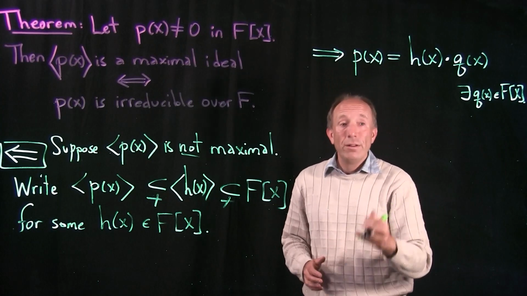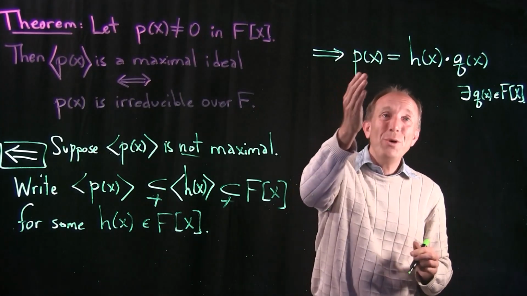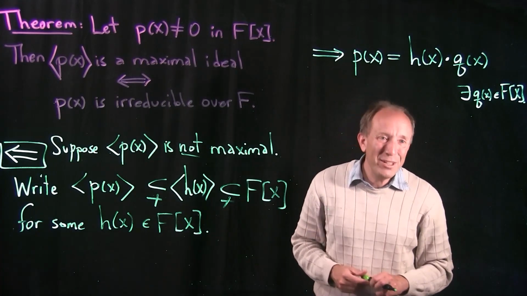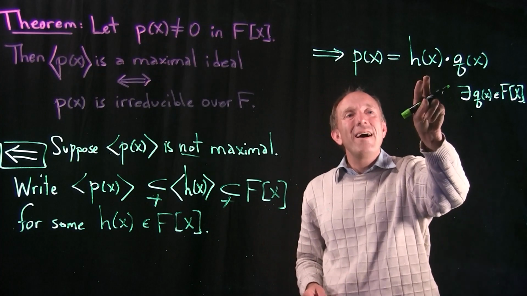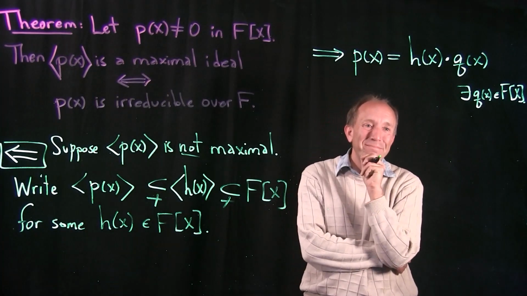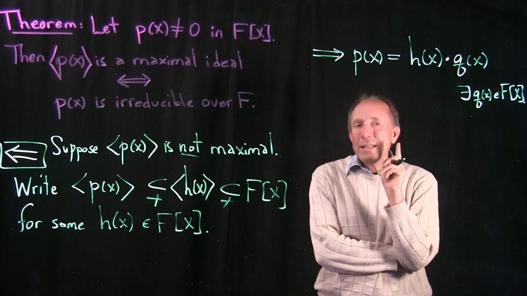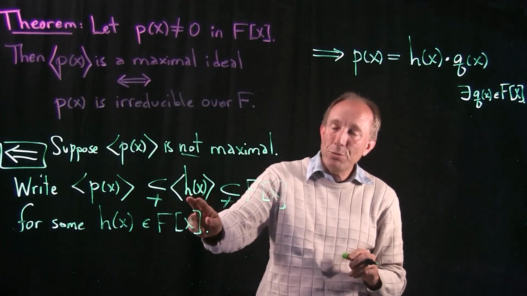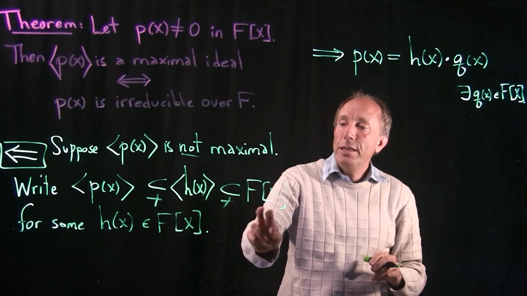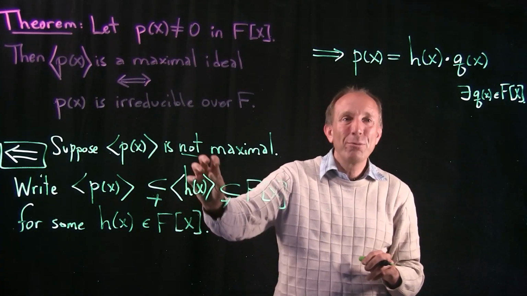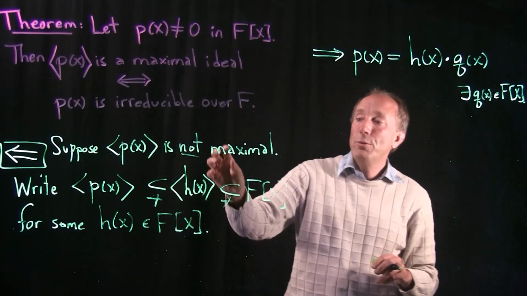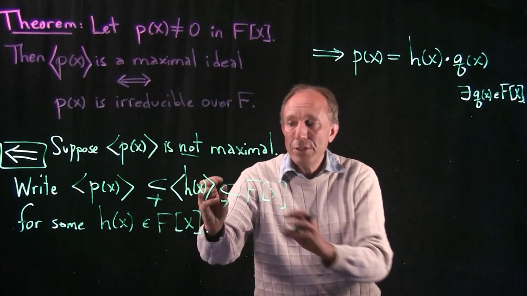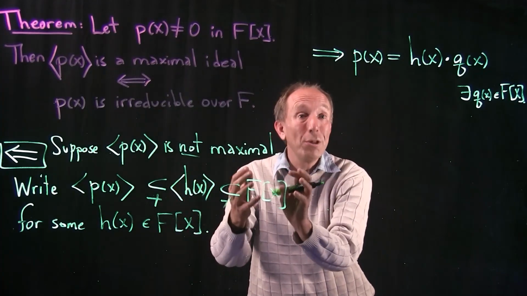Okay? And this looks like we are showing that p of x is reducible. The only thing I need to convince you of here is that this is not a trivial factorization. But it's not. h of x is not just a constant, because if h of x was a constant, then these two ideals would be the same. In other words, if h of x was a constant, we would have a unit inside of this principal ideal, and if that was the case, then the ideal would be the whole F of x, right?